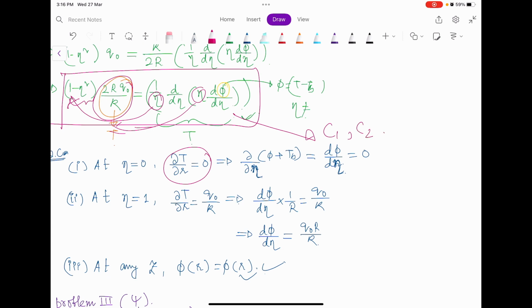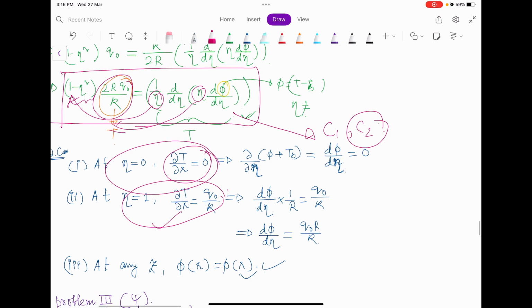But if you apply any one of these two boundary conditions, you will see that automatically, without solving for C2, you get an equation that satisfies both boundary conditions. Then the question is how can I solve for C2.